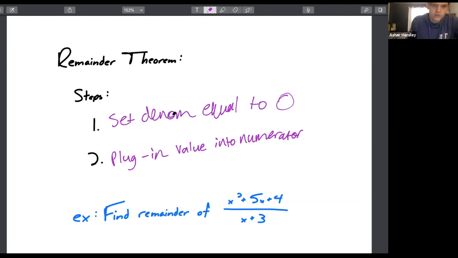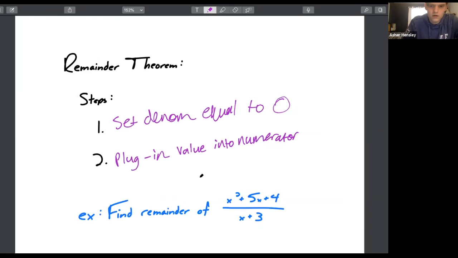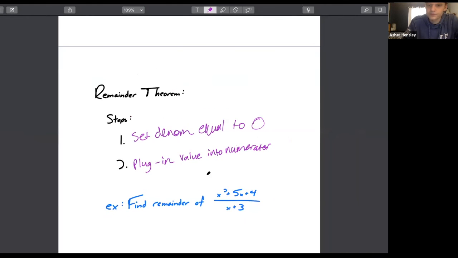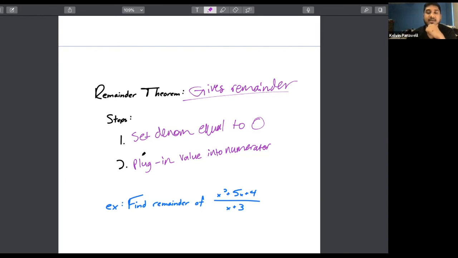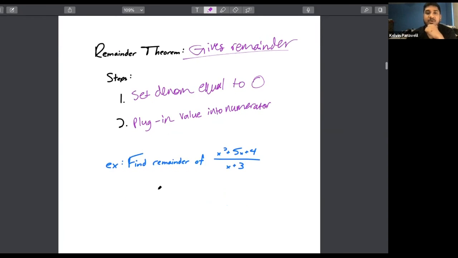So whatever you get from step 1, plug it into the numerator. Just to add, this is how you find the remainder. The remainder is solved for by setting the denominator equal to 0, basically asking yourself, what is the 0 of the denominator, and then plugging that value into the numerator.